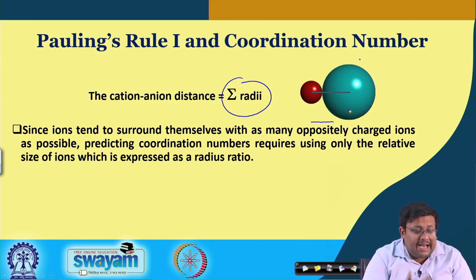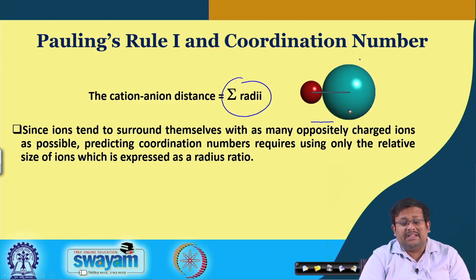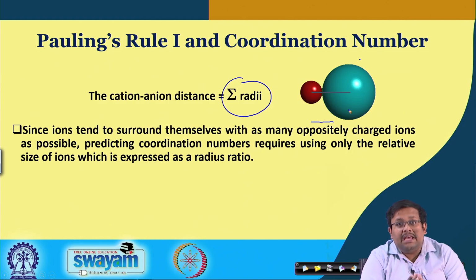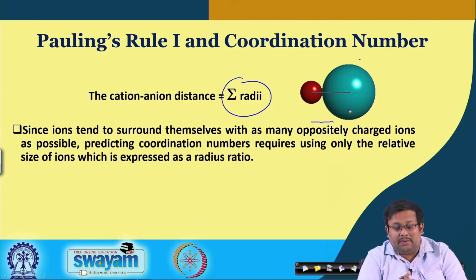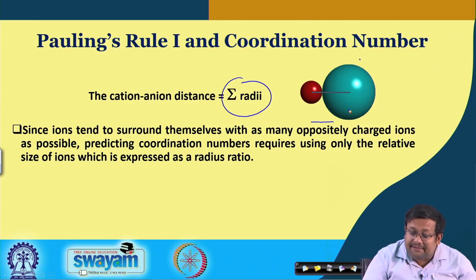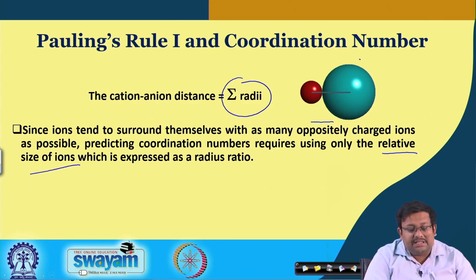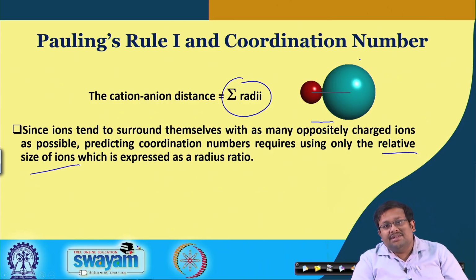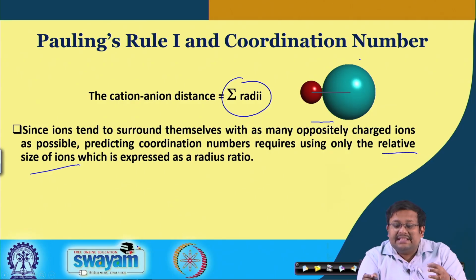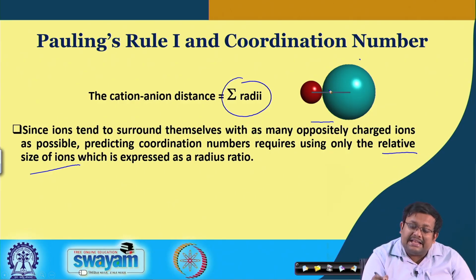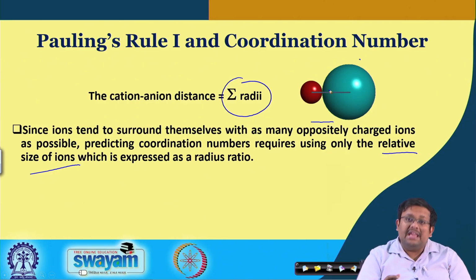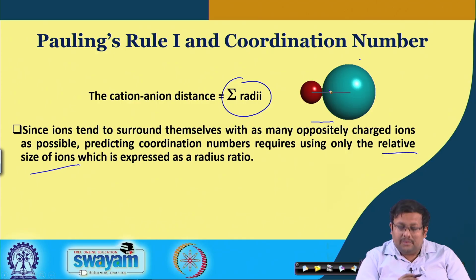Remember that since ions tend to surround themselves with as many oppositely charged ions as possible, predicting coordination number requires using only the relative size of ions, which is expressed as a radius ratio. So, the radii of these cations and anions are very important while determining the coordination number. How? We will see now.